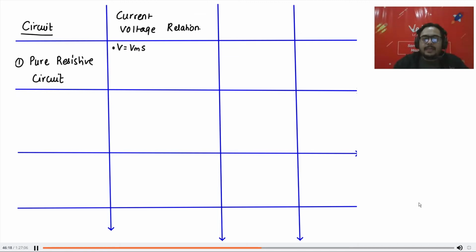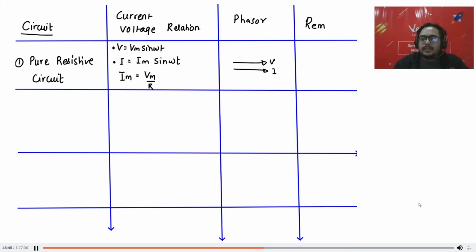If voltage in the circuit is Vm sine omega t, current in the circuit is Im sine omega t, and Im is simply Vm by R. So if I draw the phasor, voltage and current are drawn like this, and I can add a remark that voltage and current are in the same phase. There is no phase difference between voltage and current.